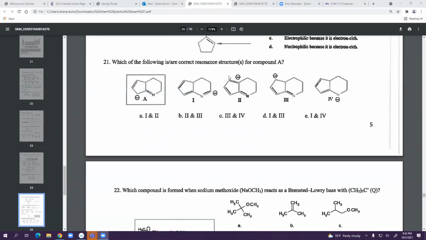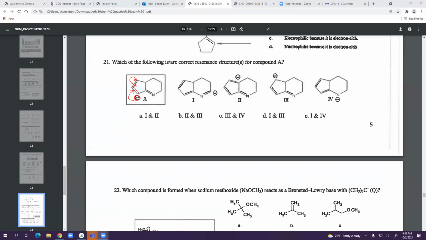21, resonance structures. Which one is this? So we have that bond right there, right? That negative charge, correct? So that has to become a double bond somewhere, correct? I have two choices. I had the red choice, which I put it here, which then breaks this bond and puts it onto that carbon.